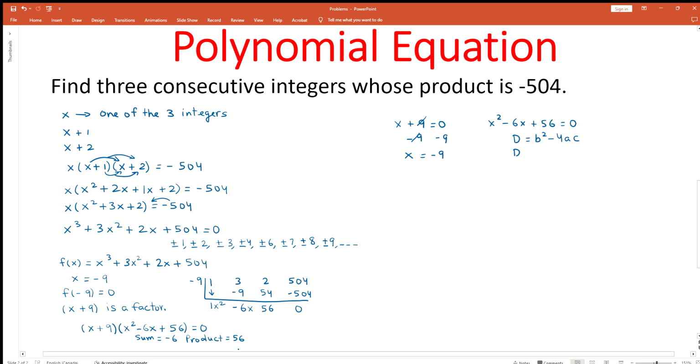In this quadratic polynomial, b is -6, a is 1, and c is 56. Four times 1 times 56 is equal to 224.